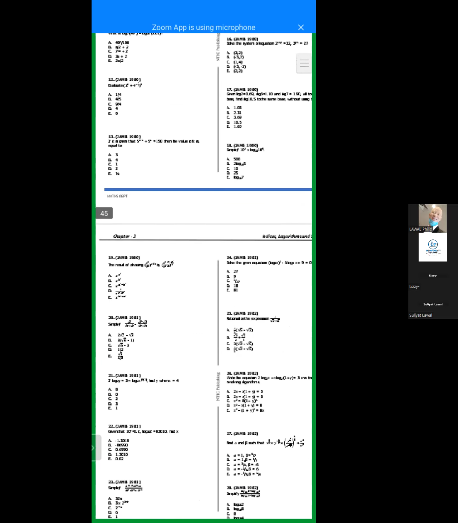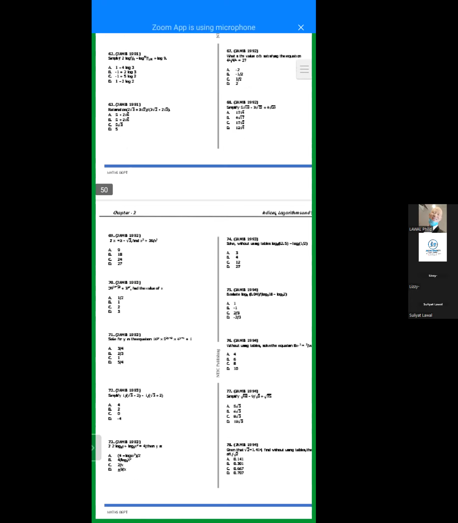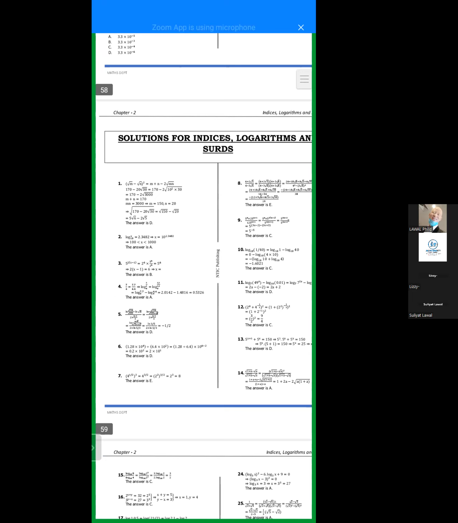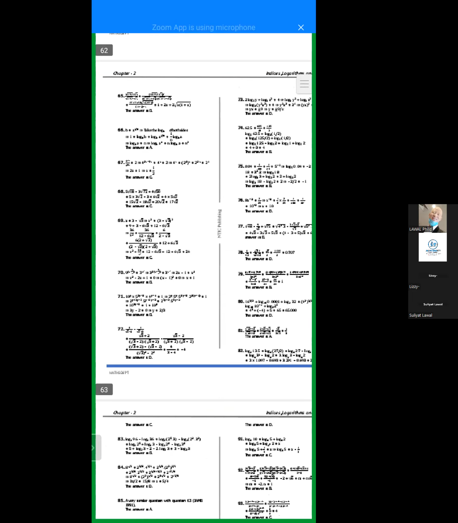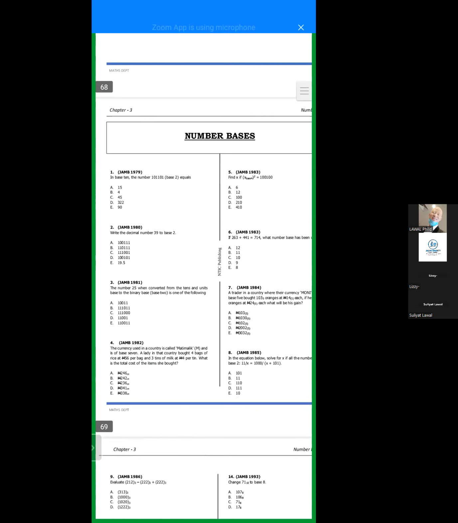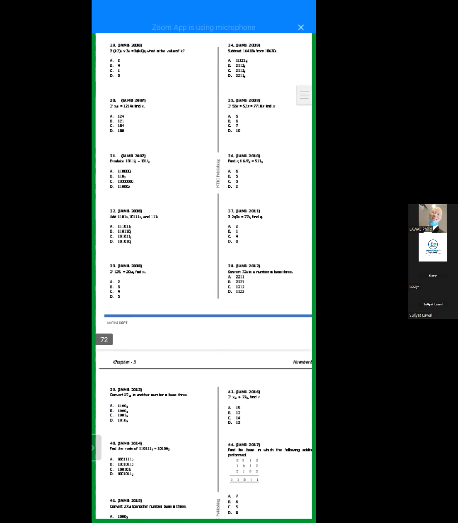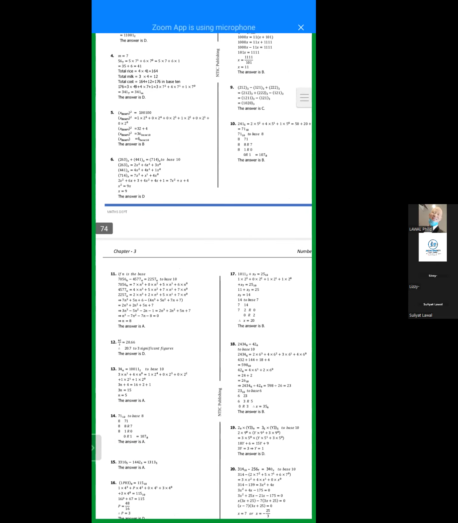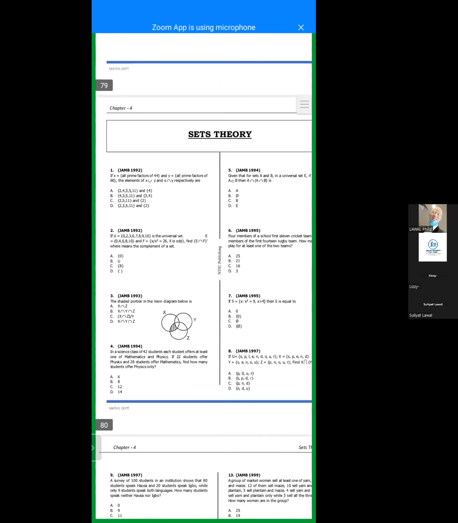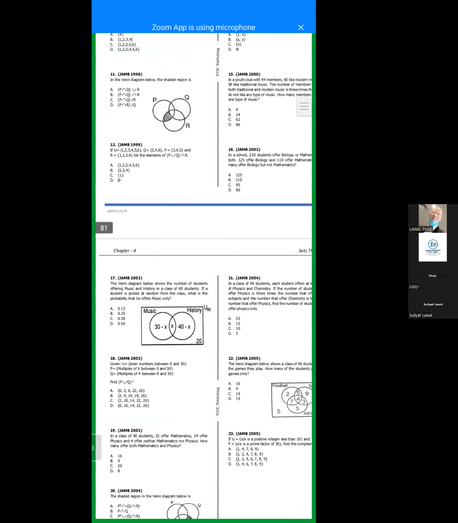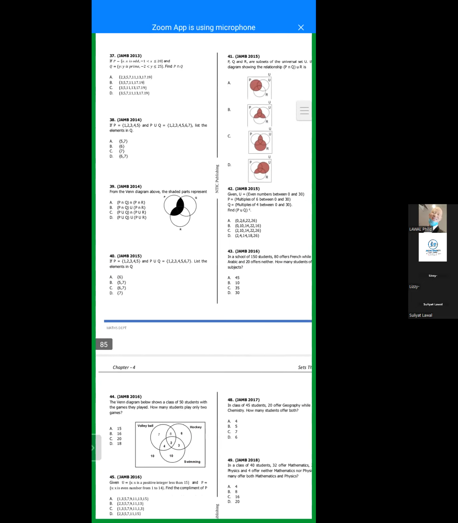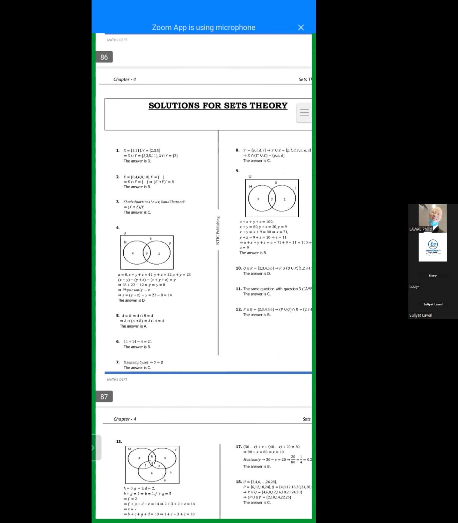We have done all of these already. This is the solution for it. These are number bases. We've done these two. So we are also making progress. I can see that we are making progress. It's just that we are not fast enough. Set theory, we've mentioned it. There are past question and answers in JAMB that we can lay our hands upon, and solutions for the set theory.